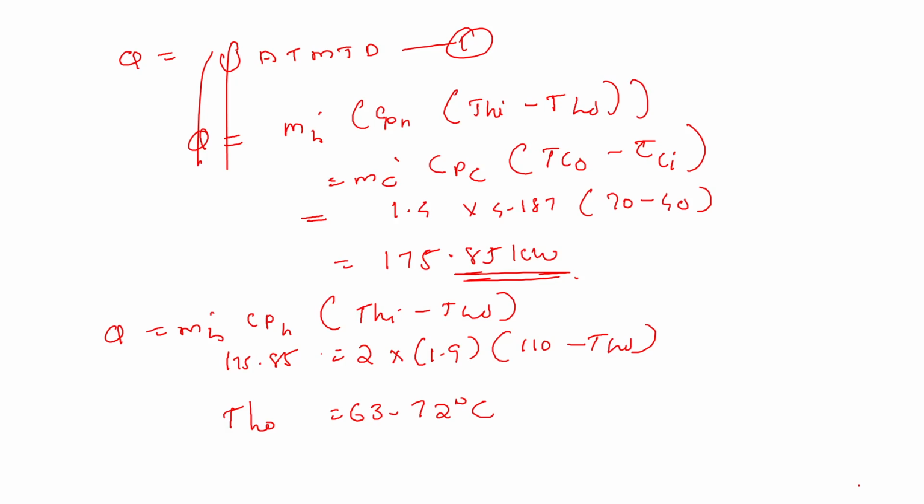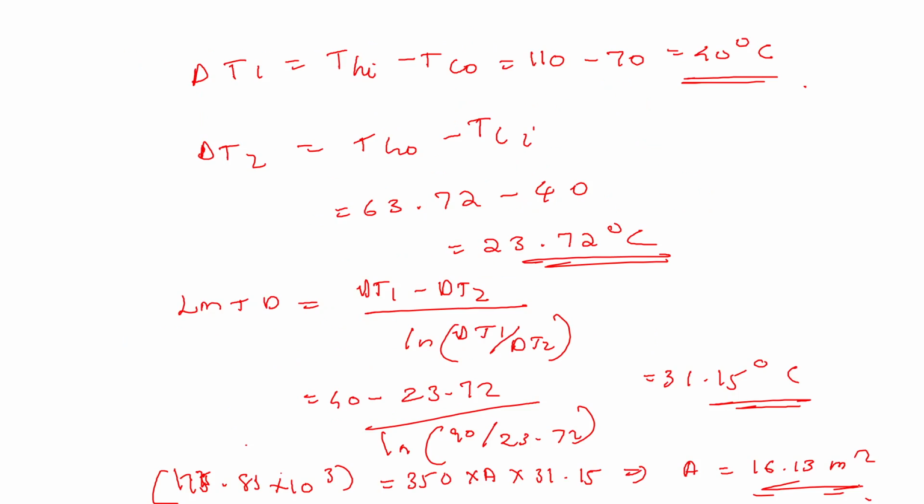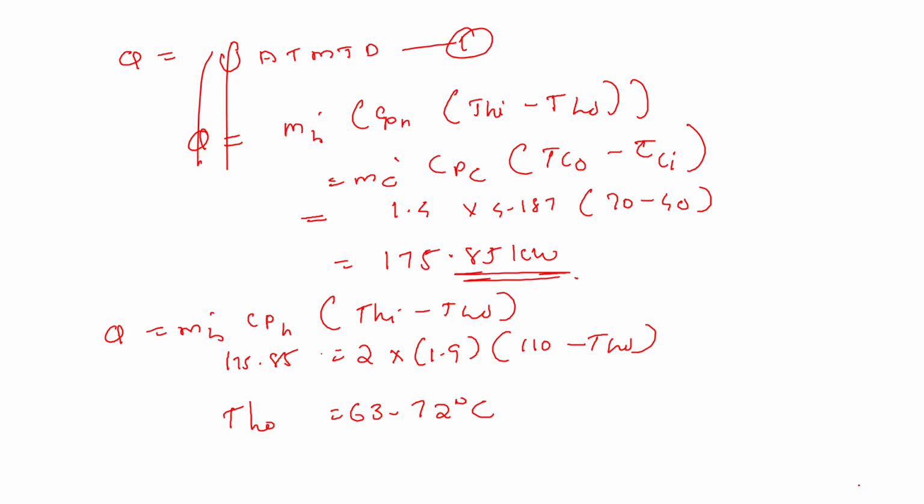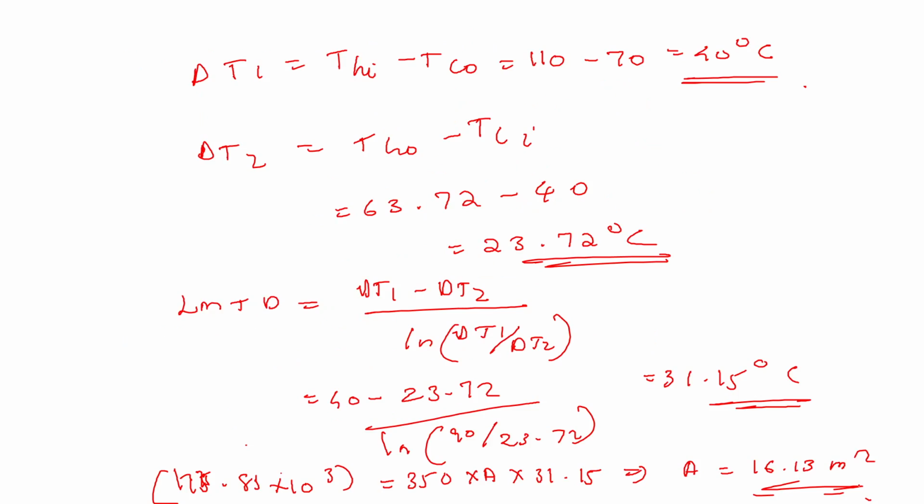Substitute that Q value to find the unknown temperature. Then to find the LMTD, you have to calculate delta T1 and delta T2. Then you find those values and find the LMTD. And after finding LMTD, you substitute that in our first fundamental formula, then you will get the value of the surface area for the system.